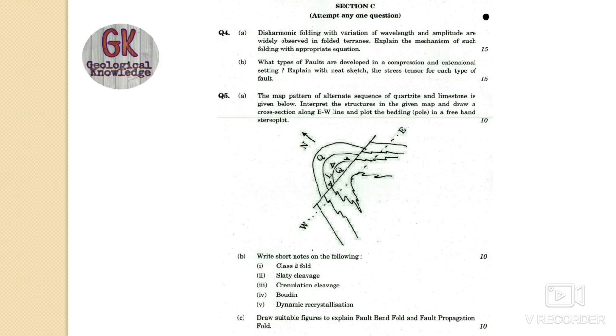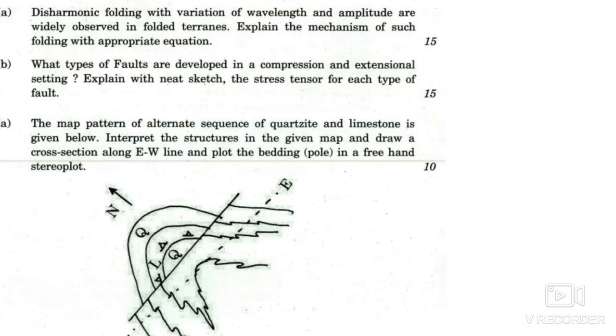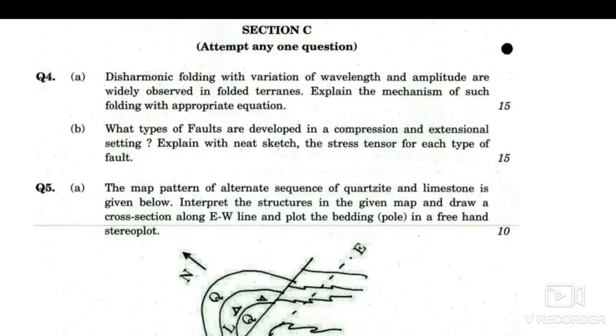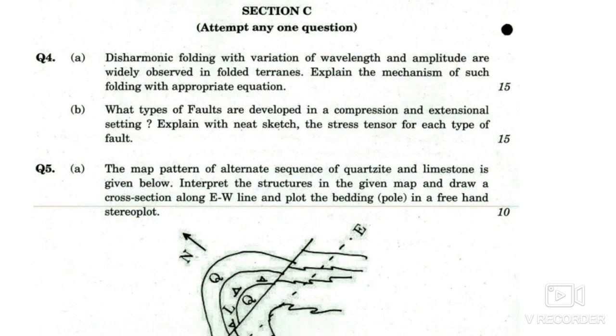And question number 4, or unit number C. Question number 4A: the disharmonic folding, with variations of wavelength as well as amplitude, is widely observed in folded terrains, and explain the mechanism of such folding with appropriate equations.